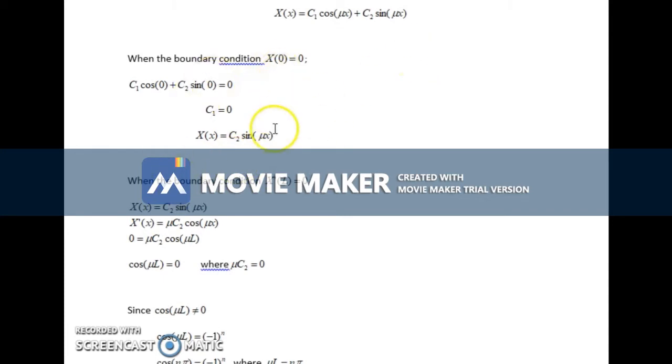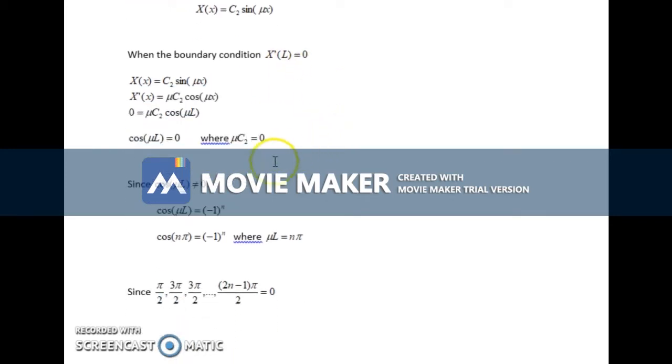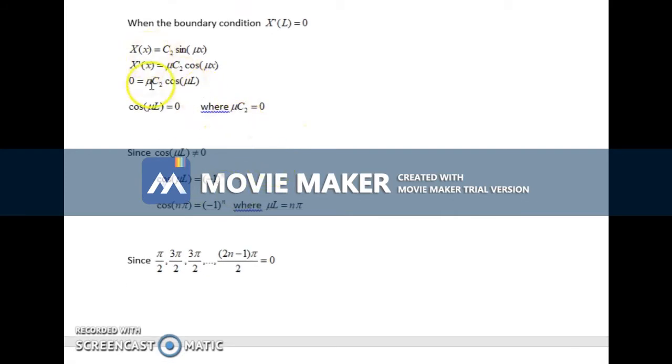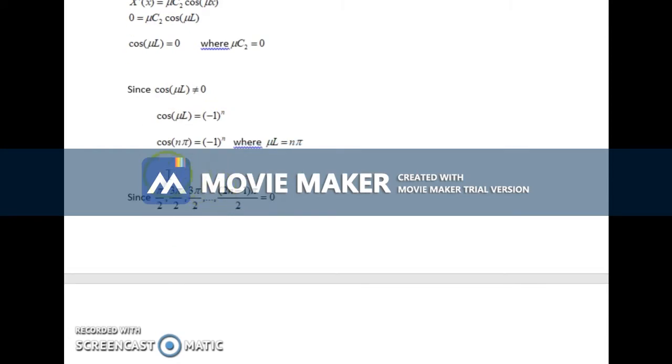So we will get X(x) equals c2 sin mu x. When we use the boundary condition X prime(L) equals 0, we will get this. Since cos(mu L) equals 0, and cos(n pi) equals negative 1 to the power of n, where mu L equals n pi.